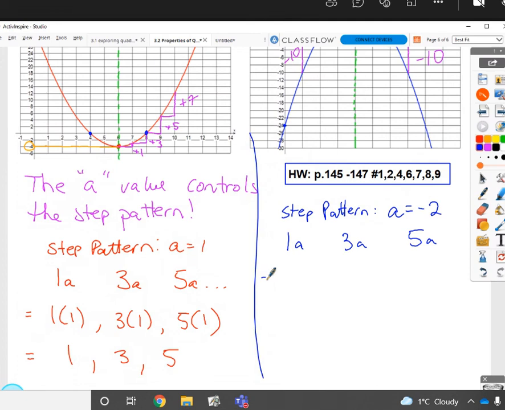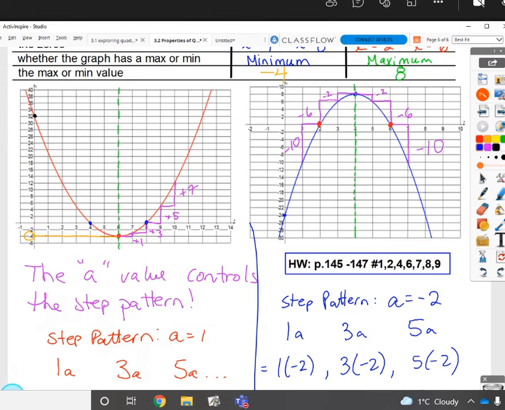Watch what happens. 1 times -2, 3 times -2, and 5 times -2. Well, 1 times -2 is -2. 3 times -2 is -6. 5 times -2 is -10.